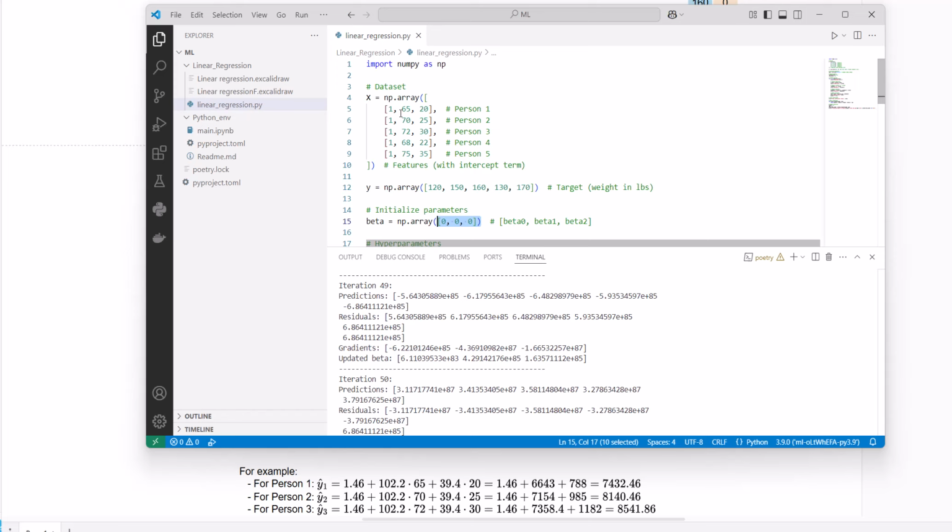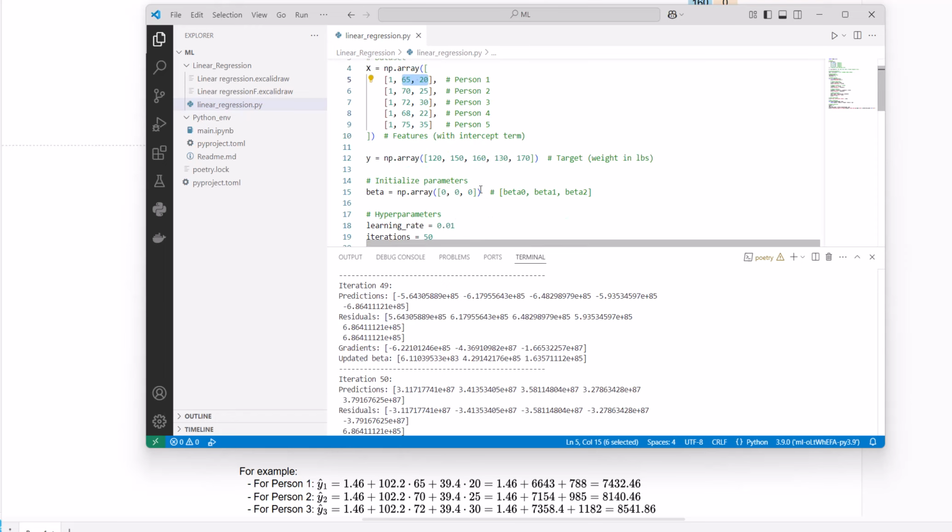If you have five variables, you will have six betas. If you have 10 variables, you will have 11 betas. All of these will participate in finding the best fit to your data.